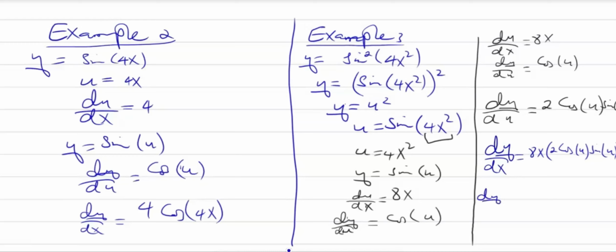Taking it outside, dy over dx is 16x cos 4x squared sine 4x squared.